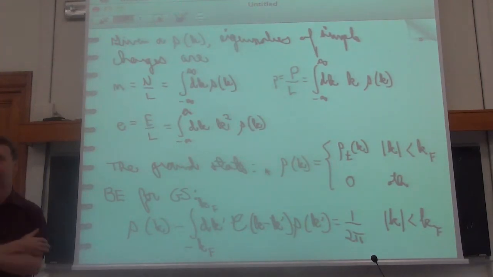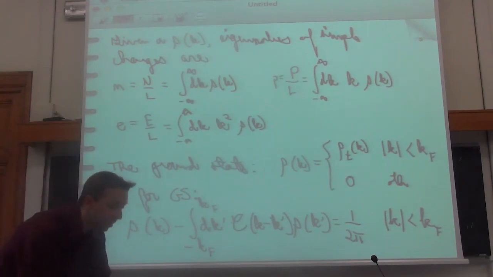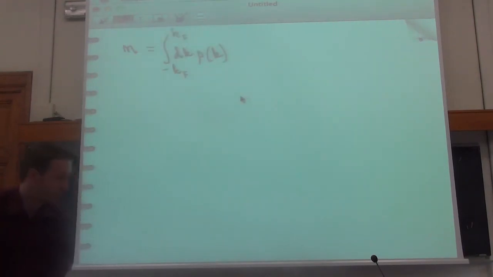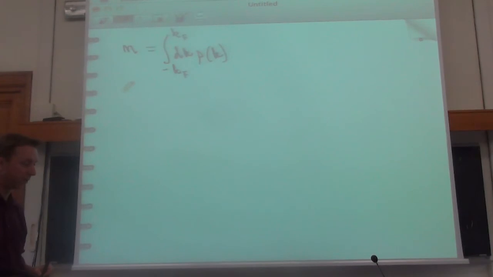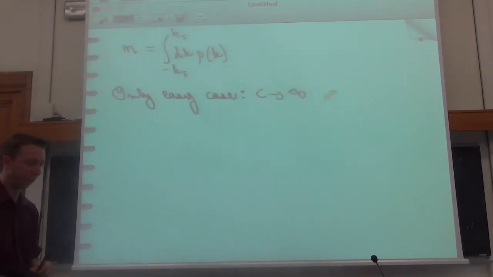So in practice, you can very easily converge to the solution of this. But you do that numerically. Okay? It's impossible to do analytically in closed form for generic C. The only easy case is when C goes to infinity.